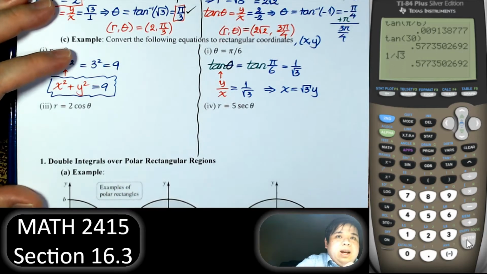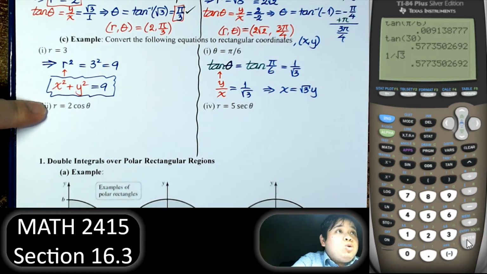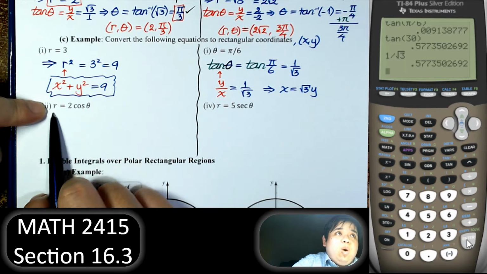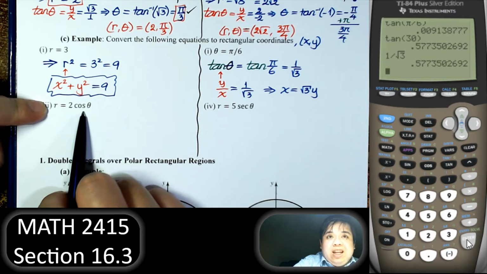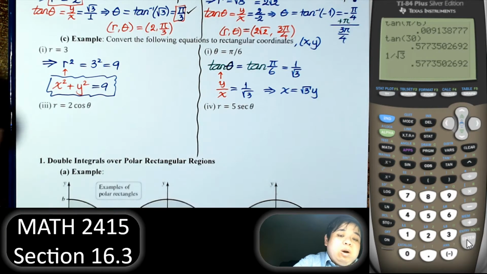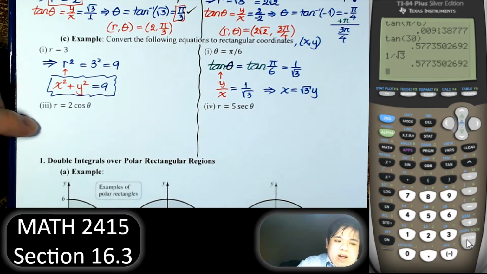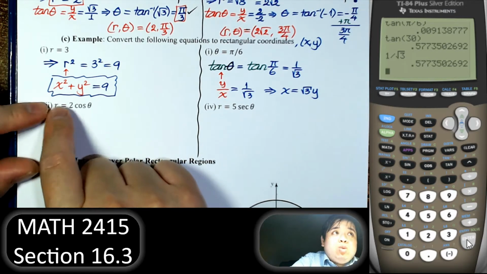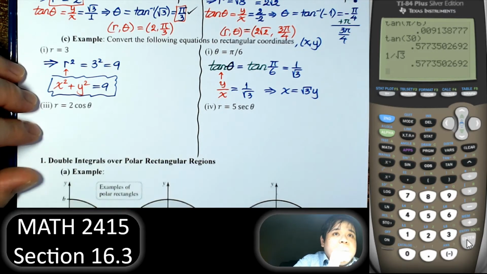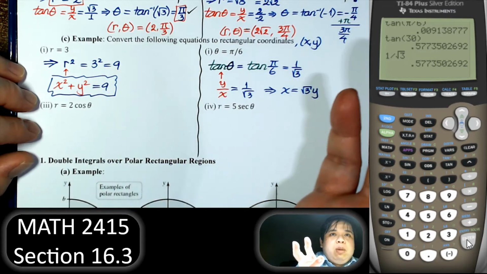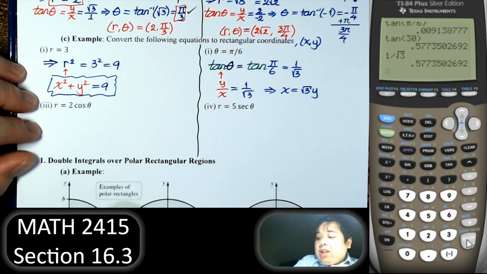Right. Next, on this one, if we square both sides, we have r squared equal to cosine squared. That's not particularly helpful. If it is tangent, yes, but if it is cosine, not so much. So what can we do though? The point here is we're trying to get r squared, that is x squared plus y squared. That's still our best option.